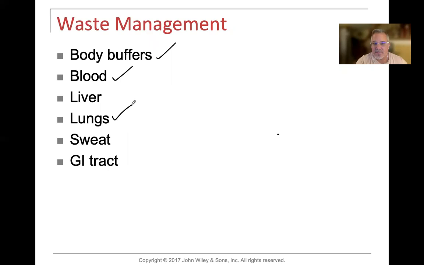The lungs can get rid of waste through exhalation. We can get rid of it through sweat, through bowel movements, the GI tract, and even the lungs. Even the liver. And I'm going to create a separate video on liver detoxification because I think it's important.